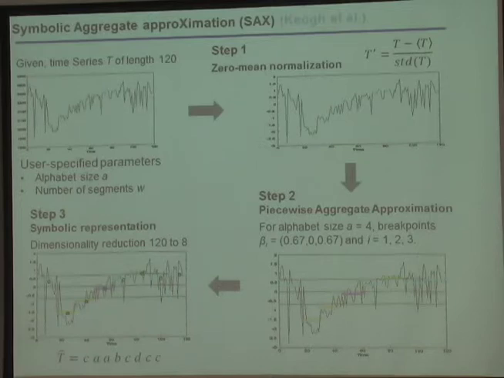So what they do is they represent the time series using symbols, the so-called symbolic representation of time series. So the idea is that you normalize the time series, then you approximate it using a piecewise linear function, and then you assign symbols to each of these piecewise linear approximations under certain probabilistic assumptions.